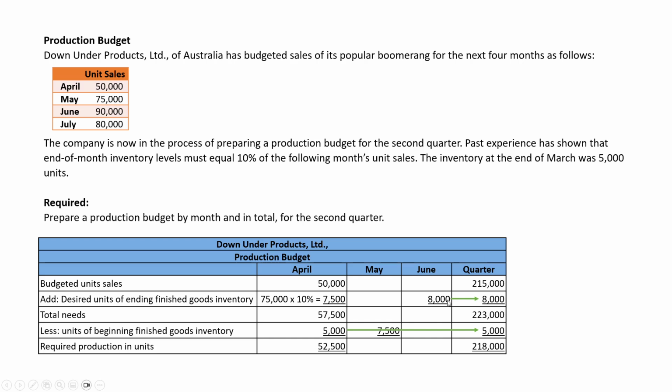Now I don't have the calculation worked out, but recall our ending inventory we desire is 10% of the following month's unit sales. The next month after June is July, so we take that 80,000 times 10%. That's where I got my 8,000 ending inventory desired for June, which is the ending inventory desired for the quarter. So hopefully that helps you get started with the production budget.